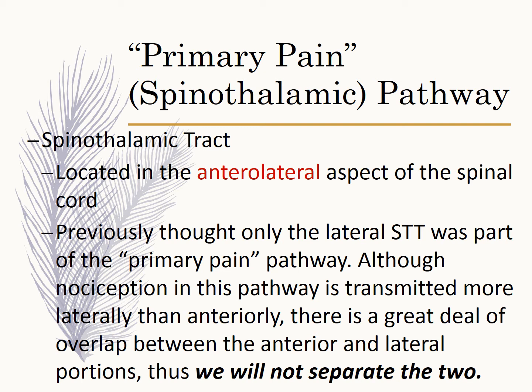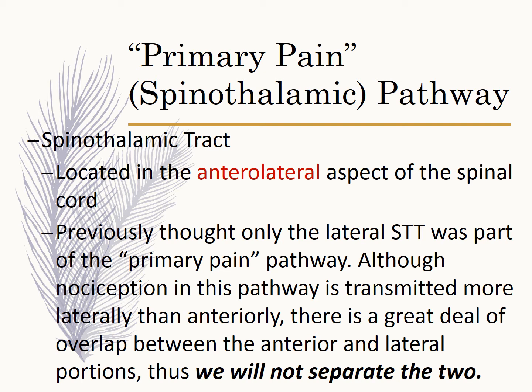As we saw in the image of a typical spinal cord segment, the spinothalamic tract is located anterolaterally in the spinal cord, wrapping itself around the ventral horn. Previously, we used to believe that only the lateral spinothalamic tract carried neurons in the primary pain pathway.